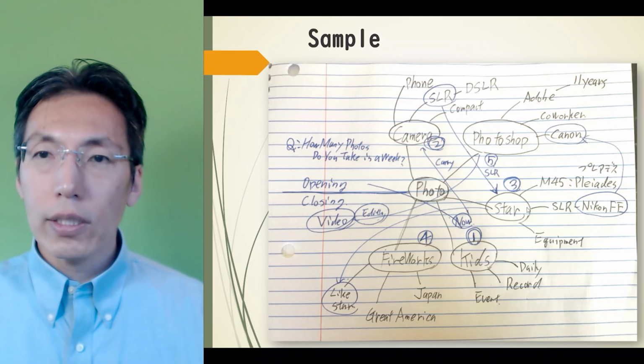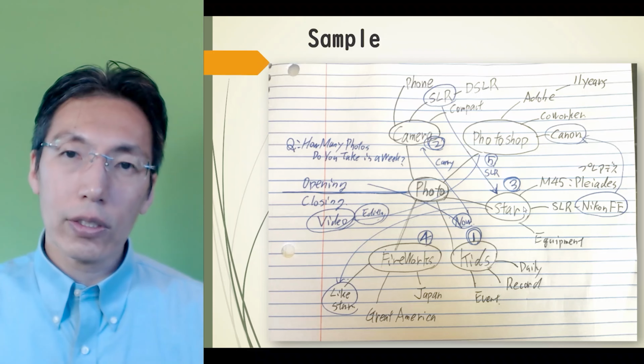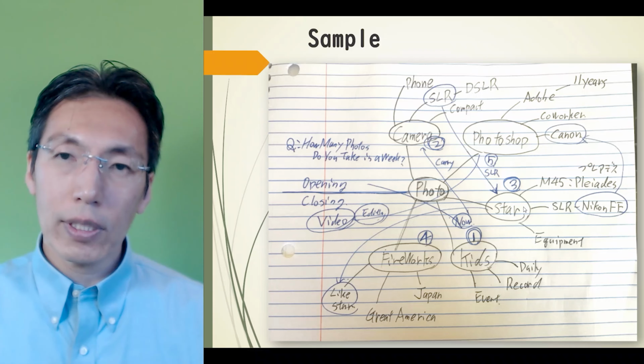And then the next item is the fireworks. And then it is like a star. This is a transition. And also how I do the photos, because I thought I wanted to talk about the video stuff.